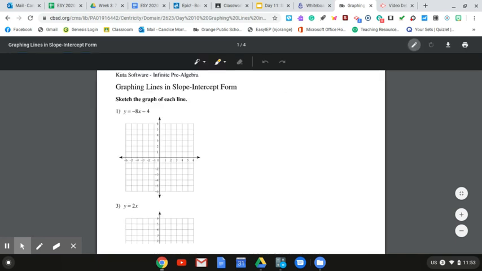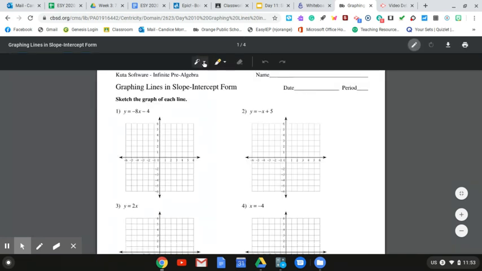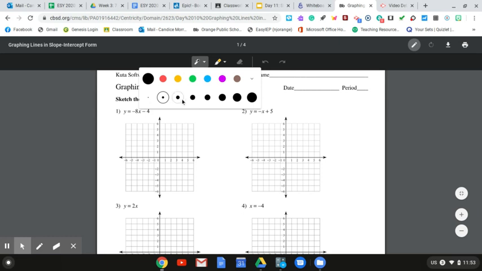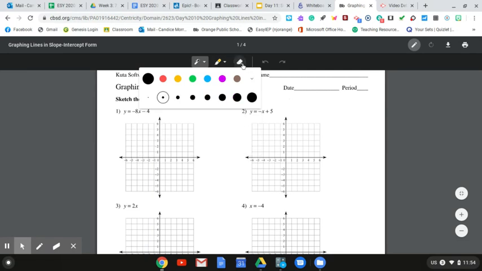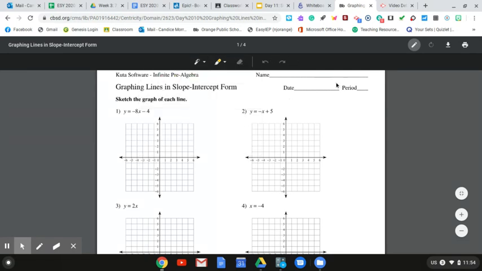It's very light. Just strictly use this, and you can make the pen thicker or thinner, and the colors are here. Try to stick to blue for rise and green for run, and then you can plot your points using any of the other colors that are here. There's also thickness here, the eraser is here, and then the undo button.